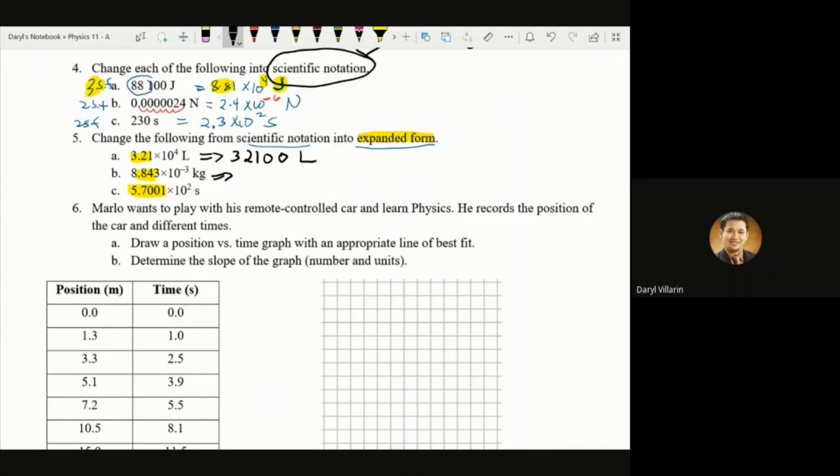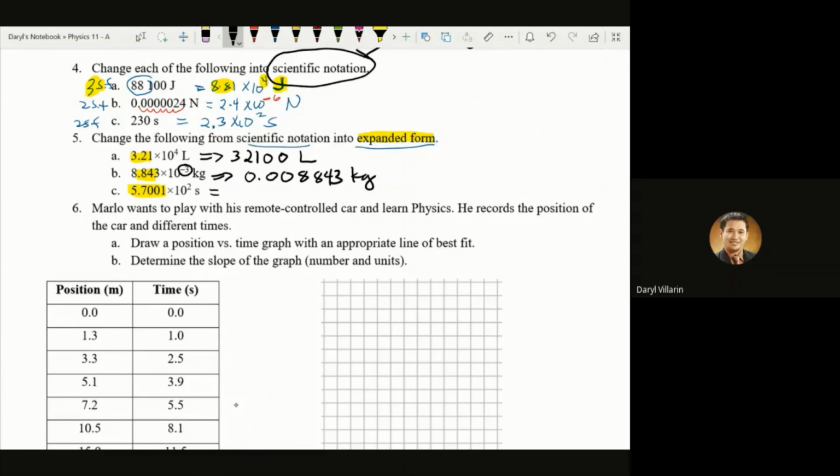And then for letter B, it's negative 3. So that would be 0.0. Since that is a negative exponent, I'm expecting a decimal number, because the exponent is negative. So 0.00843 kilogram.